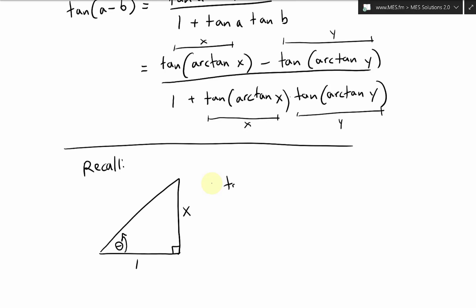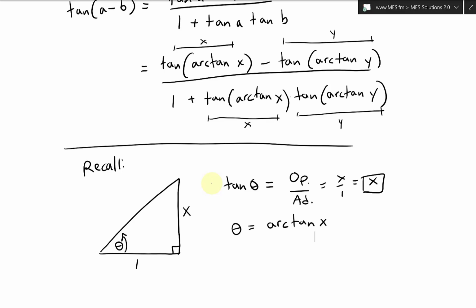So we have tan theta equals opposite over adjacent, equals x over 1, equals x. And we know that when you take the inverse, theta is equal to arctan of x.